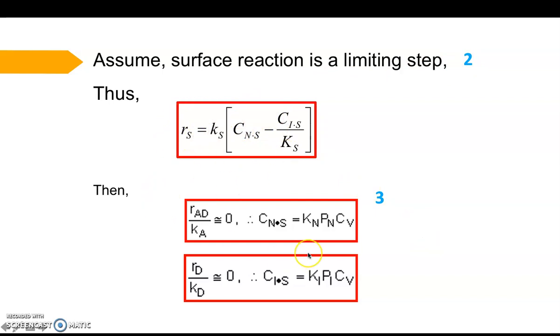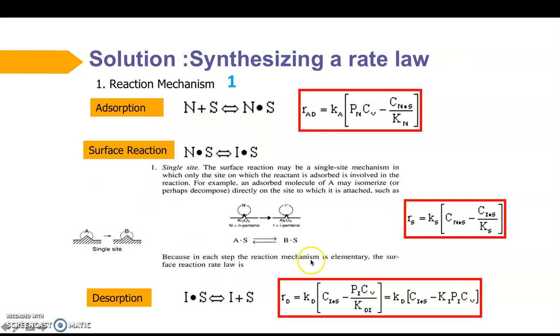And then what happened to the rate laws for adsorption and desorption? We are going to use these rate laws to determine our unknown values. Since we will be using RS as our overall rate of reaction, we need to know what Cn dot S and Ci dot S are, to produce a meaningful rate law.